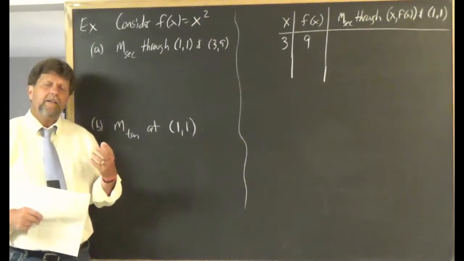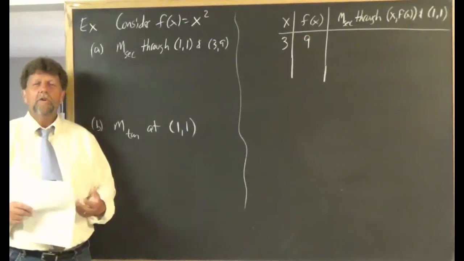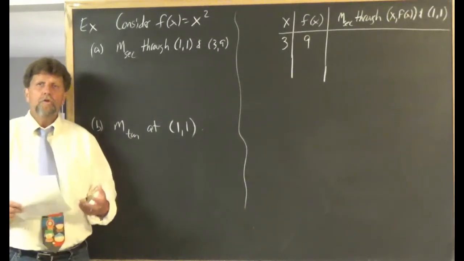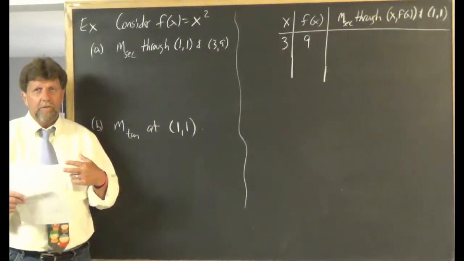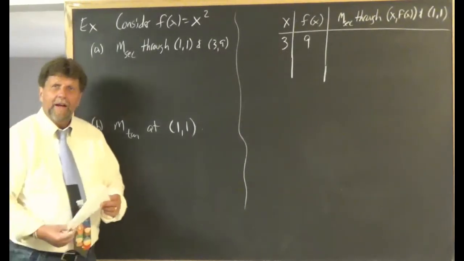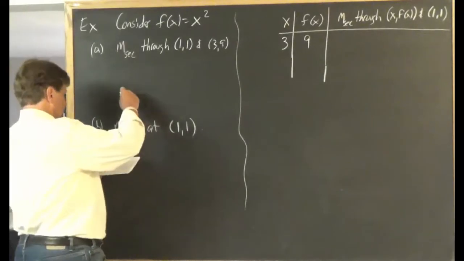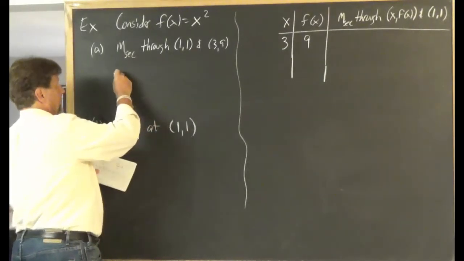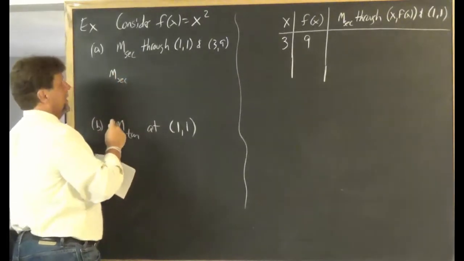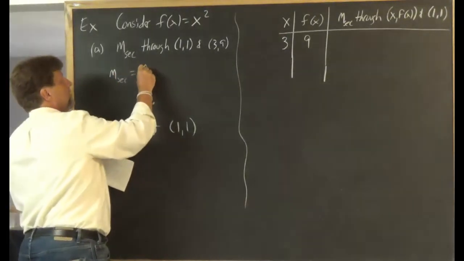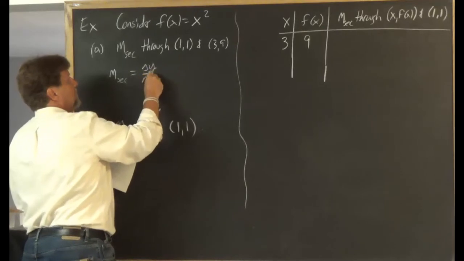So part A, slope of a secant line, is just the slope of a line through 2 points. Those were 2 points on the curve of f of x equals x squared. So we know how to find the slope of a line. I'll use m sub sec because it's the secant line slope. It's change in y over change in x.